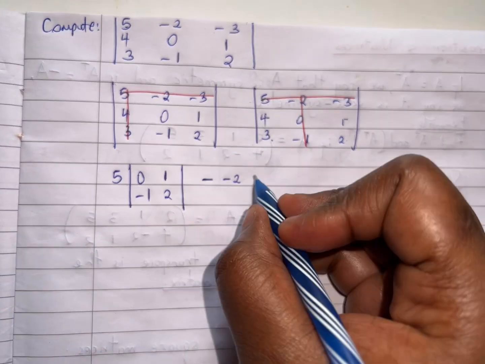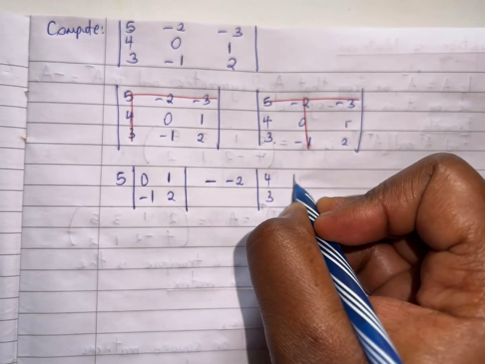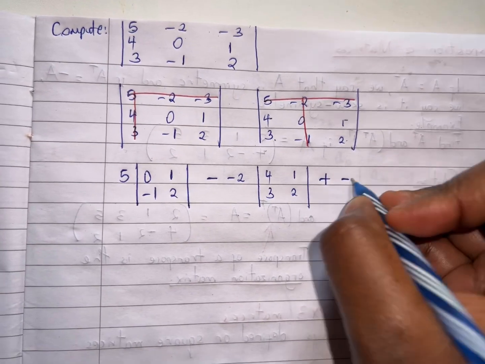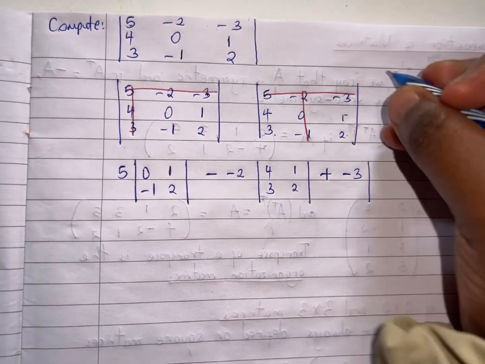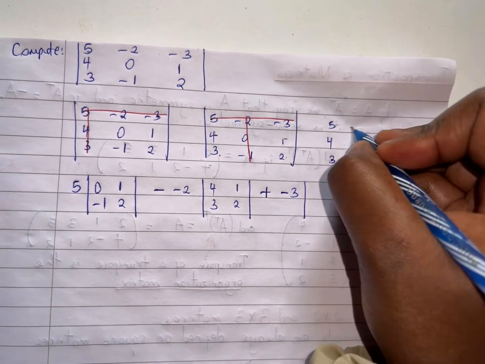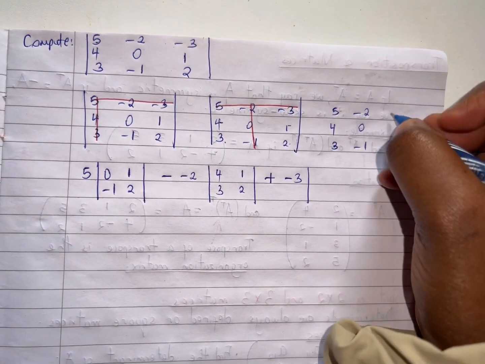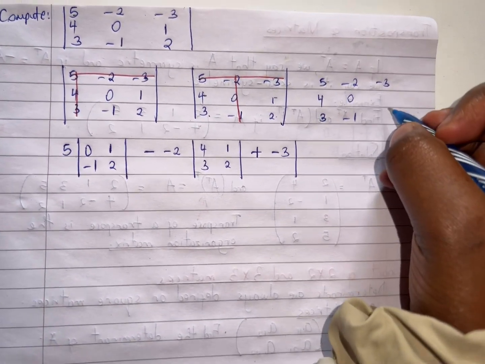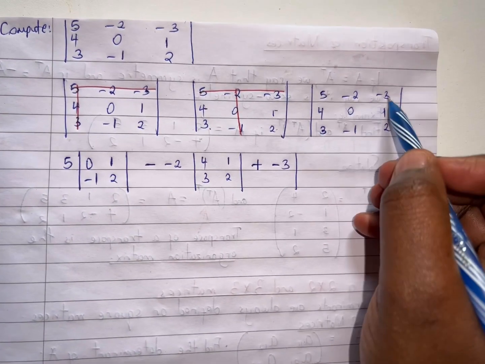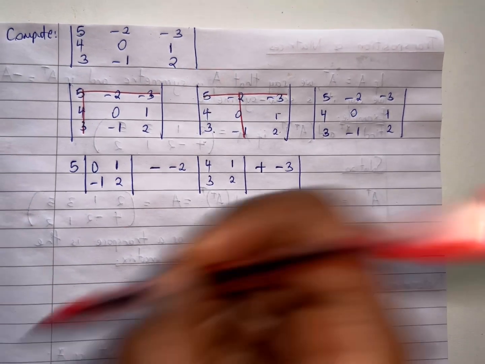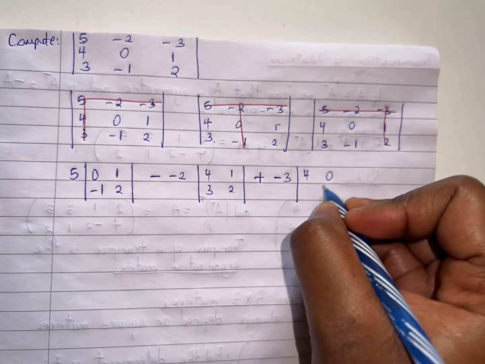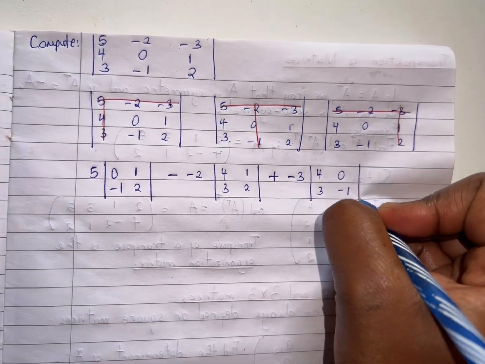So we're going to remain with 4, 3, 1, and 2, plus negative 3. Don't forget that. We write again. So you cancel the row and the column where negative 3 is. We're going to remain with 4, 0, 3, and negative 1.